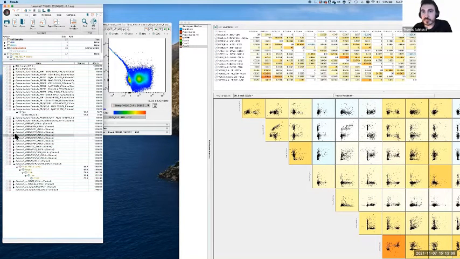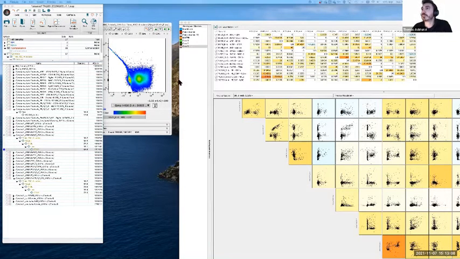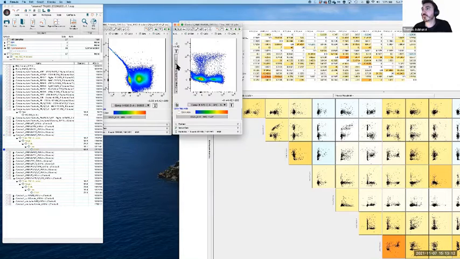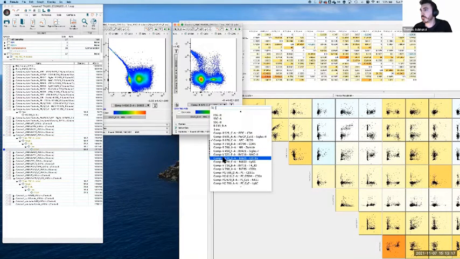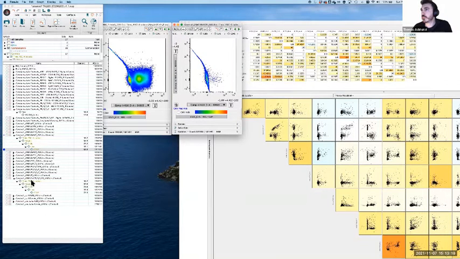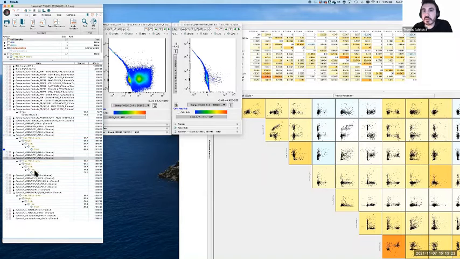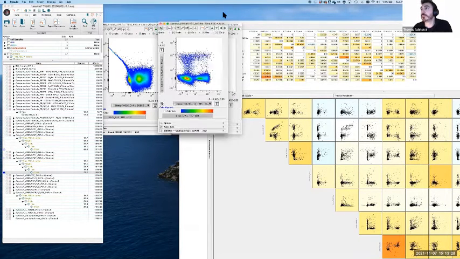BV605. And for good measure, we'll also get the BV785 one, using the correct order as well.